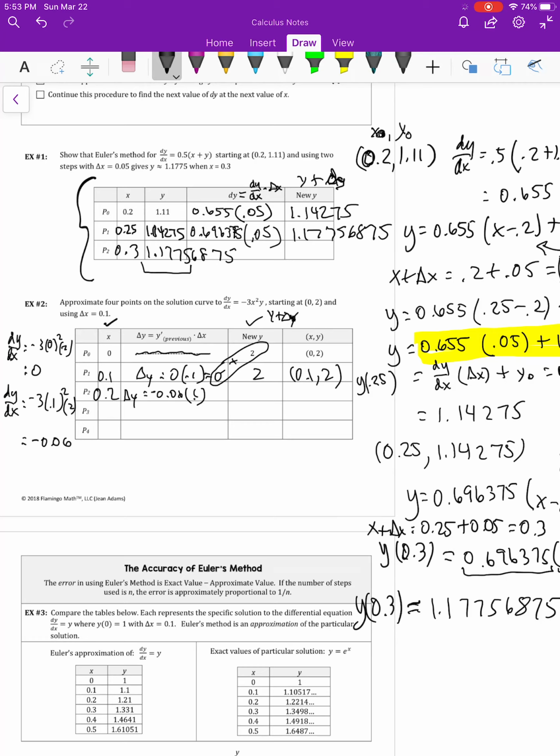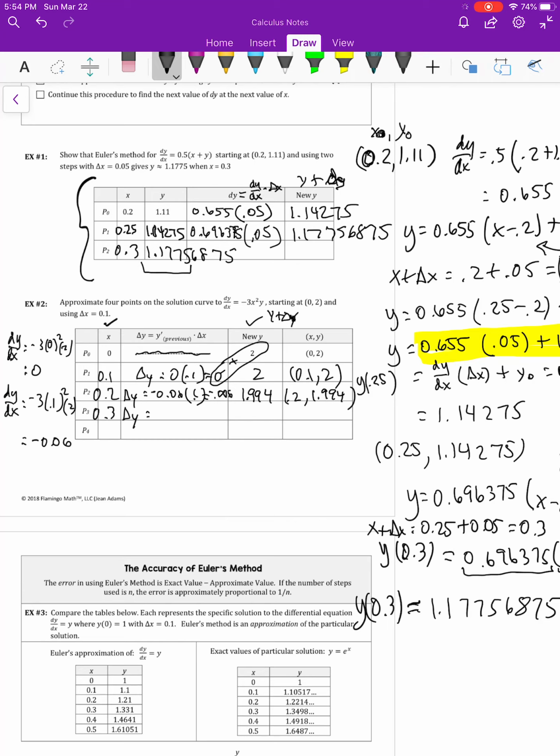So this is negative 0.06 times 0.1. And that one's going to give you negative 0.006 for your delta y. And then you add those two together. Since it's negative, it will give you 1.994. And so now your new point is 0.2 comma 1.994.